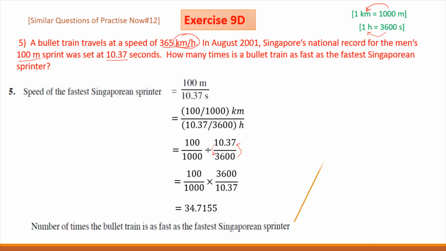How will we do that? We will divide 365, which is the speed of the bullet train, by the speed of the fastest Singaporean sprinter, which we have calculated over here. That is 34.7155. We will divide and the answer will be 10.514. That is the answer of question number 5.